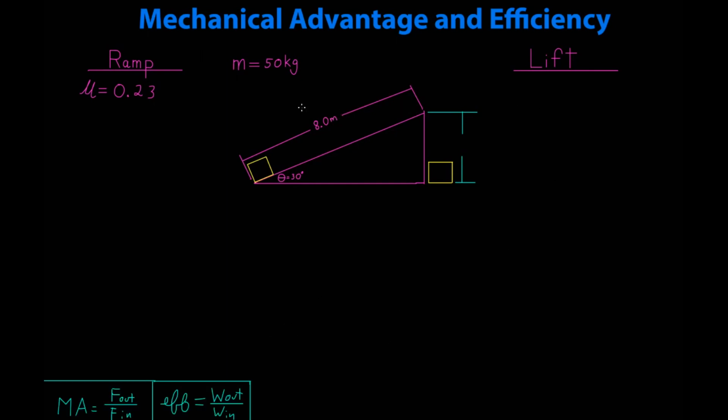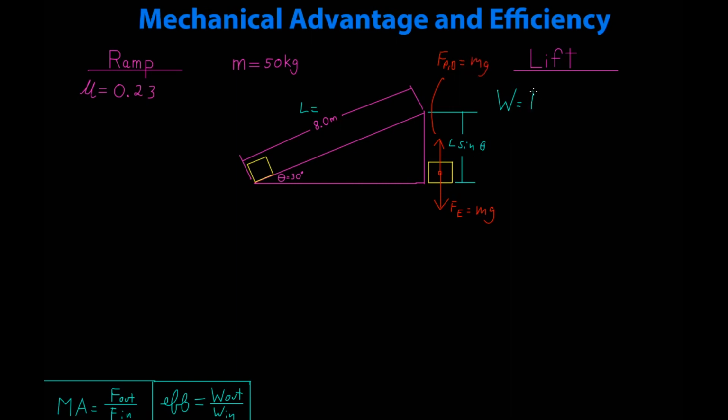All right, to start, I'm going to make these some variables. So I'm going to say this length is L. That means if this is 30 degrees, this is 8 meters, this is L sine theta. So for the lift, we're going to find the work done, which means we need force parallel. Well, force earth is mg, therefore force person on box, which is my force parallel, is also mg.